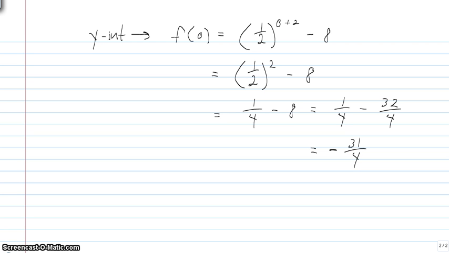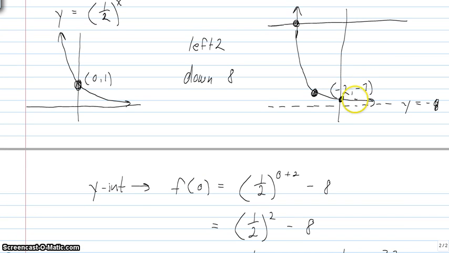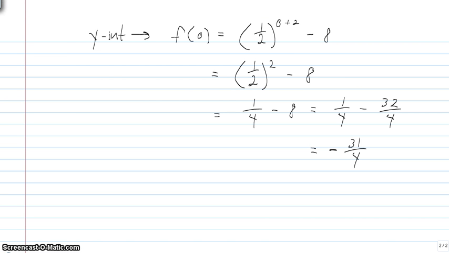Right, and so we know from our rough sketch that, even though this is a rough sketch, I think it's okay. We know this graph can't ever cross below y equals -8, so the y-intercept has to be somewhere here just a little bit above -8, and 31/4 is a little bit less than 8, so we're in the negative side here, so we would expect this to be around -7.8 or -7.9 or something like that.